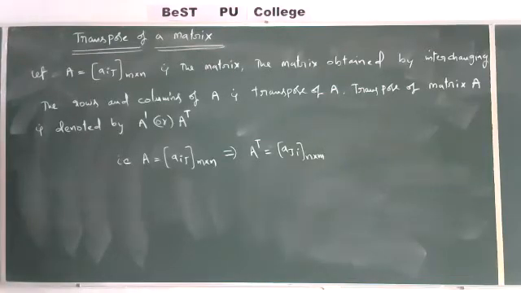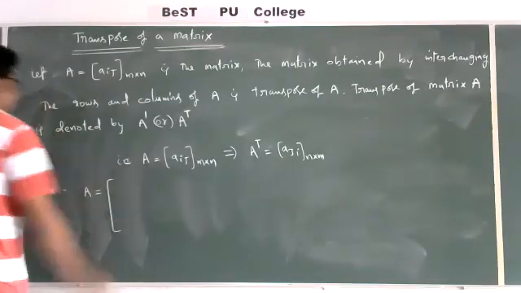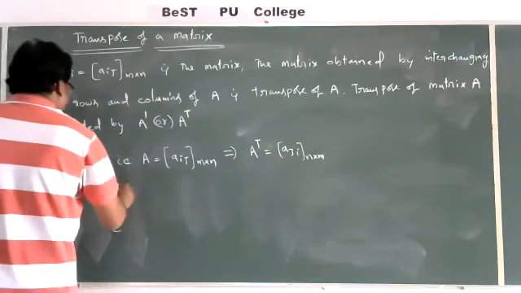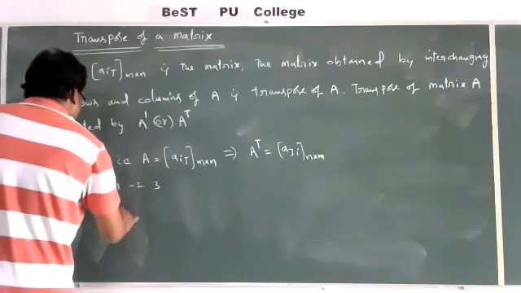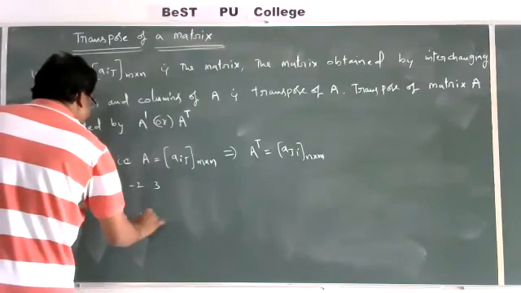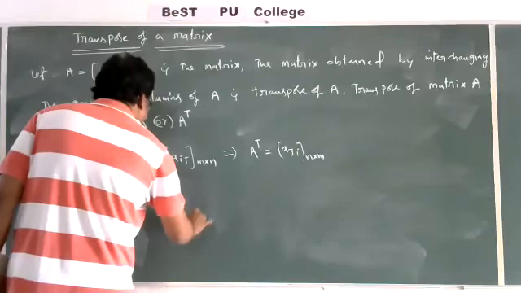That is called transpose of the matrix. Right, example, A is equal to matrix 1, minus 2, 3, minus 3, 1, minus 1. Here this is a 2 by 3 matrix.